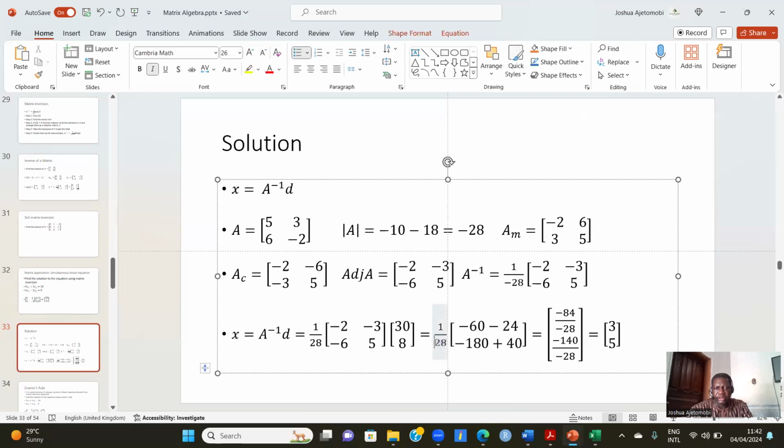This should be minus here. Yeah, it's minus 28, not 28. And it's going to give us this. And if you work this out, you will get 3, 5. Which means our x1 is 3 and our x2 is 5.